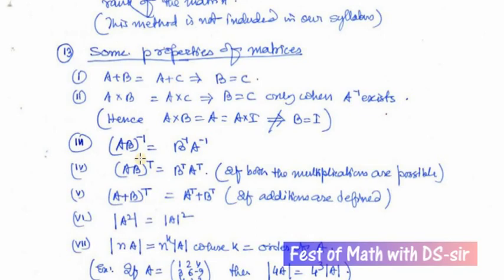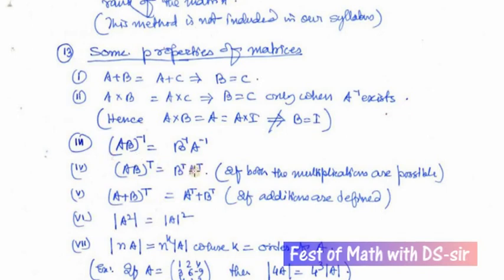But since B is rectangular, B inverse does not exist. A is rectangular, A inverse does not exist. That's why the condition of existence of both side expressions has to be applied. Because the product AB can be square, where A and B are rectangular.